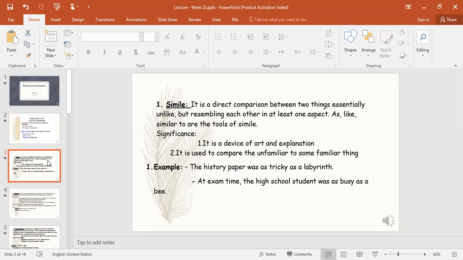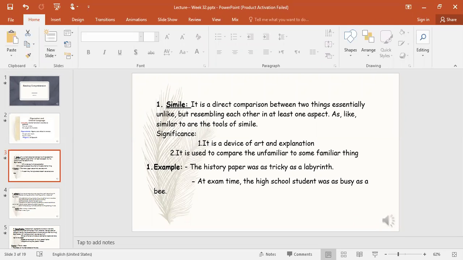When I say simile, it means I am doing a direct comparison between two things or two people or two places or two concepts, whatever, two ideas, which are unalike, they are different, but they look alike in one thing at least.